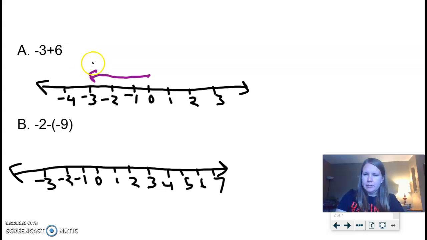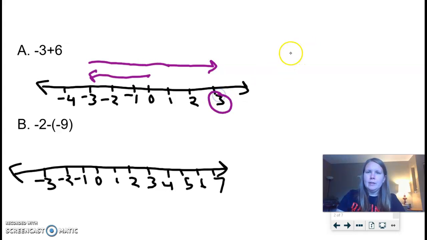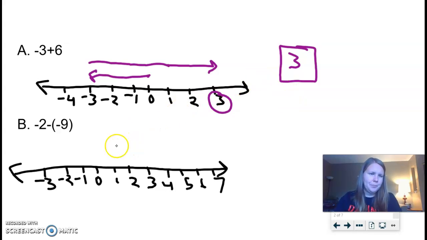Remember, anything positive is going to move towards the right. So we go 6 to the right: 1, 2, 3, 4, 5, 6. We end up at 3, so our solution is 3. -3 plus 6 is a positive 3.